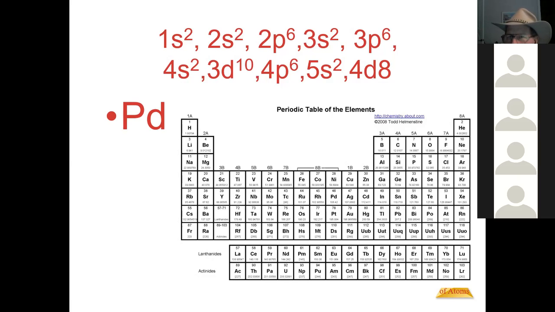Yeah. Really and truly. I'll throw this one out there for a point. How many elements has Schrodinger's equation been solved for? 30? Aubrey, do you have a guess?